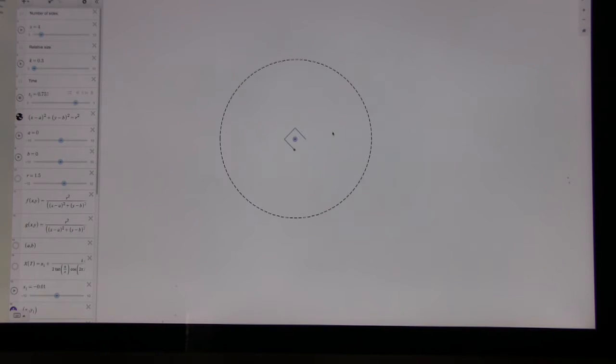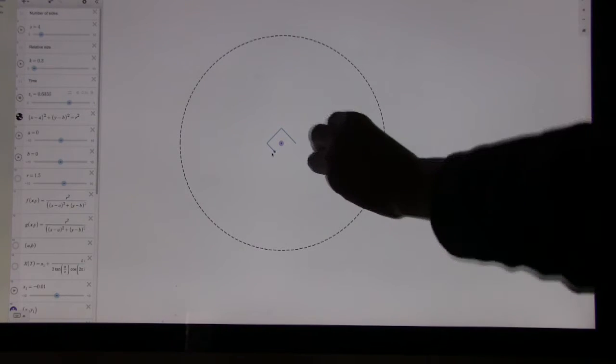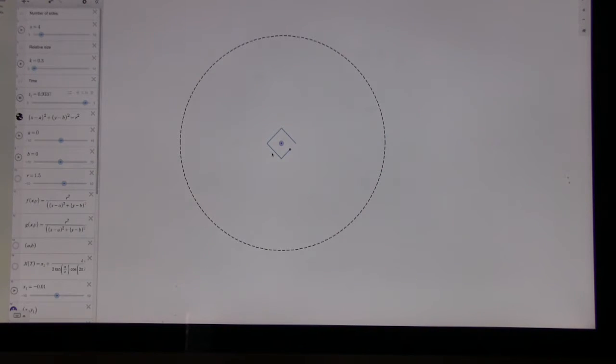So why do you think the inverted image was getting so big when you made this square really small like that? I don't know. Because you have the square kind of in the center.